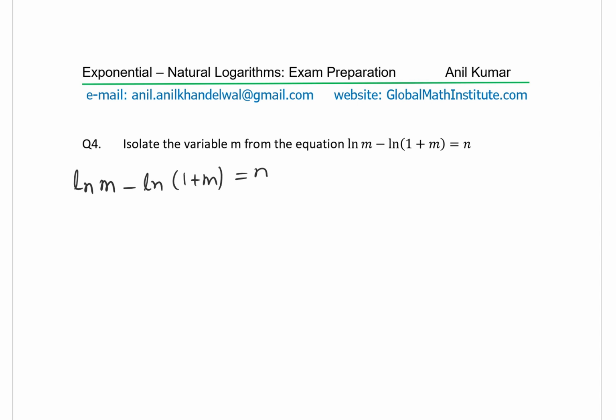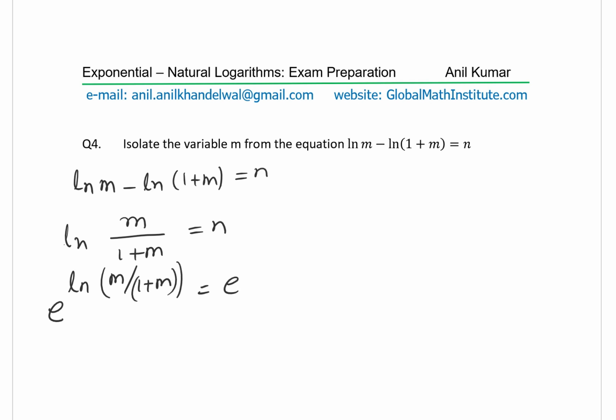We can apply the logarithmic rules and write left hand side as ln m over 1 plus m equals to n. Now exponential to the power of ln m over 1 plus m equals to e to the power of n, and that will give us m over 1 plus m equals to e to the power of n.